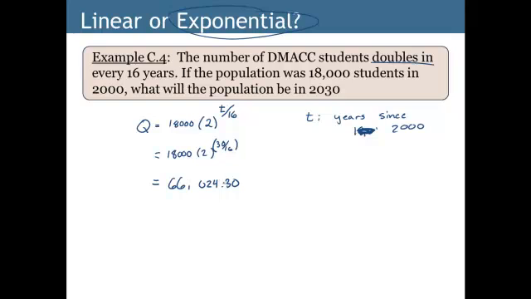Oh, this isn't dollars, this is people. Of course, you can't have 0.3 people, but it's a model, a prediction, so it's not 100% accurate. According to this, 66,000 in the year 2030.